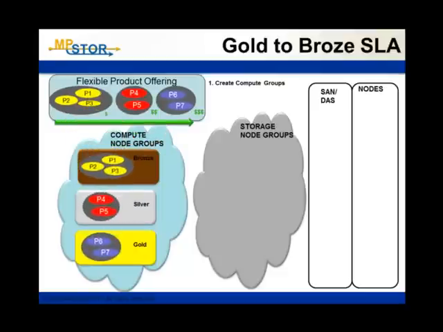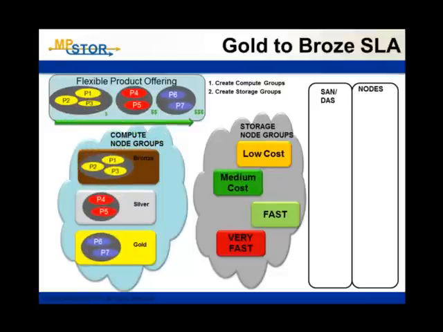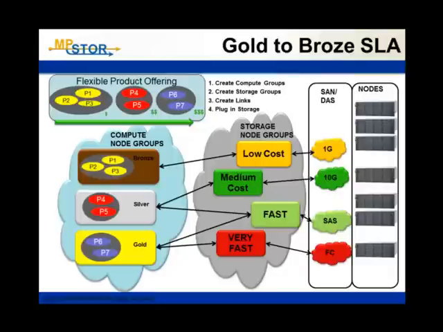Those compute groups would use different storage groups, and we can set up logical mappings between the bronze, silver, and gold compute groups with the Orkestra tools. Behind those groups are real pieces of infrastructure, which would range from GigE iSCSI SANs all the way to Fibre Channel or SAS solid-state disks. And that's all of the types of infrastructure that Orkestra can manage.